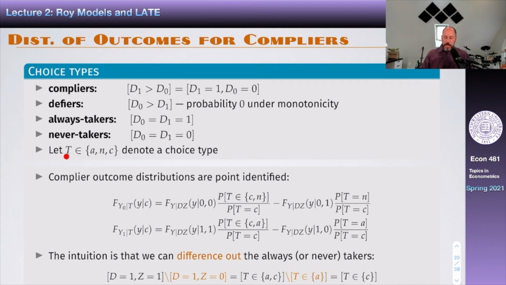And so you can show, which again I'm not going to show here today, but I want to discuss this, the distribution of the potential outcome. Let me just focus on Y1.